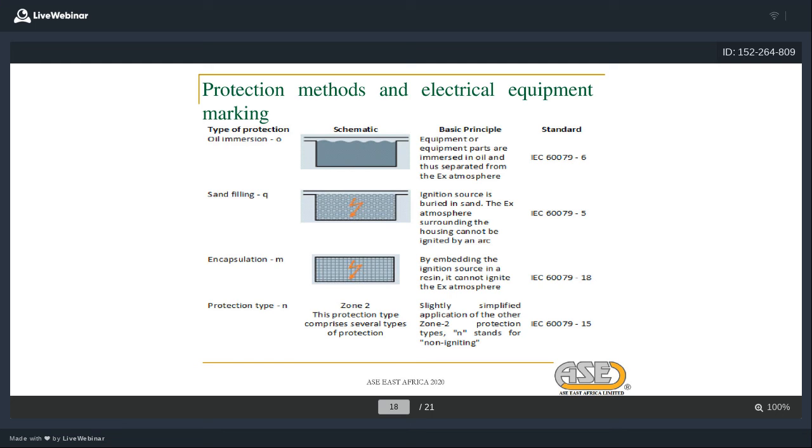For example, the oil immersion type of protection can be used in zone 1 or 2. Sand filling can be used in zone 1 or 2. Encapsulation can be used in zone 0, 1, or 2, and is designated as M1, MA, MB, MC. So we will see. And protection type N can be used in zone 2.